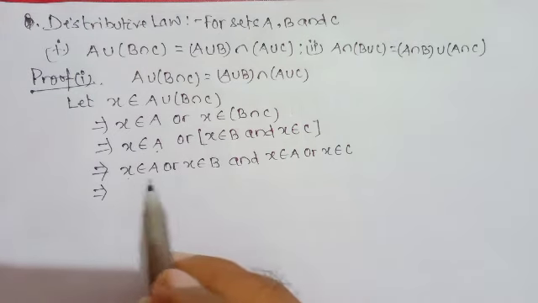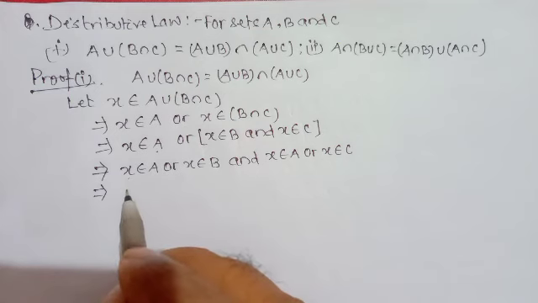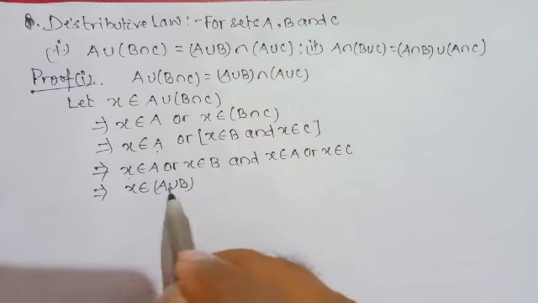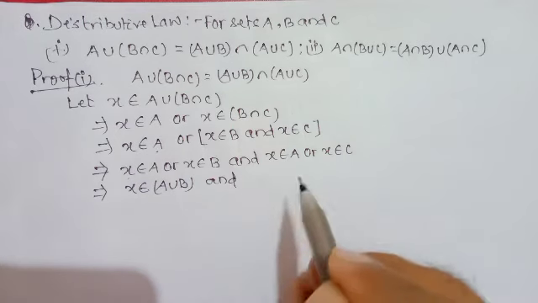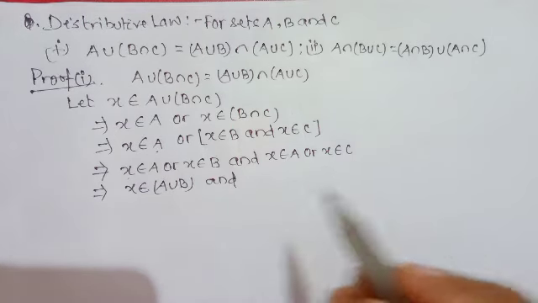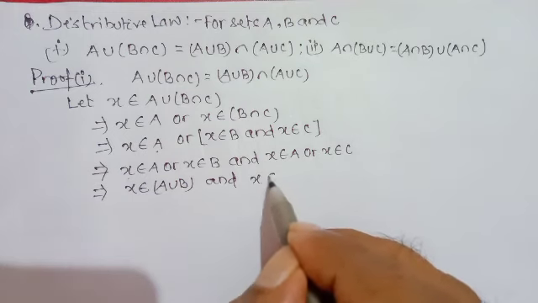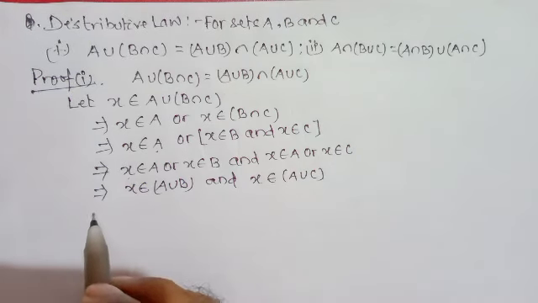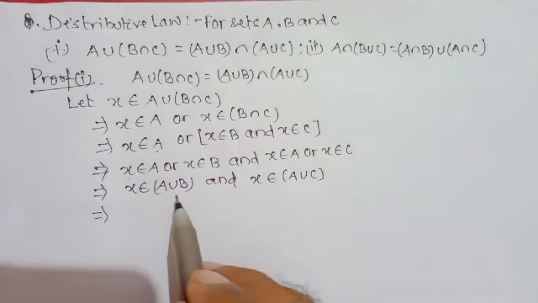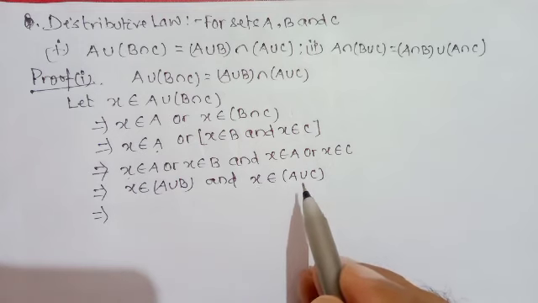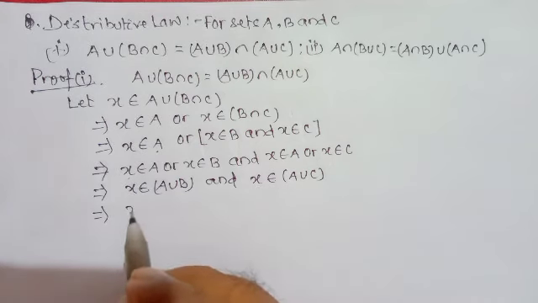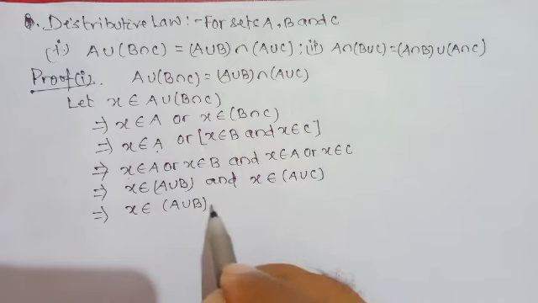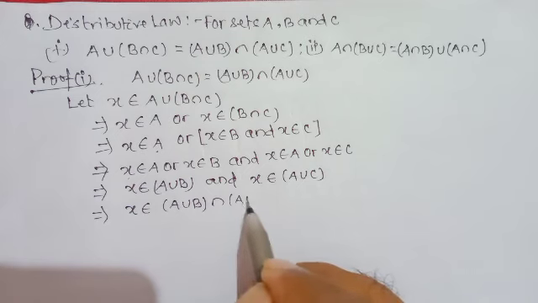So x belongs to A or x belongs to B means x belongs to A union B, and x belongs to A or x belongs to C means x belongs to A union C. So x belongs to A union B and x belongs to A union C. It means x belongs to A union B intersection A union C.